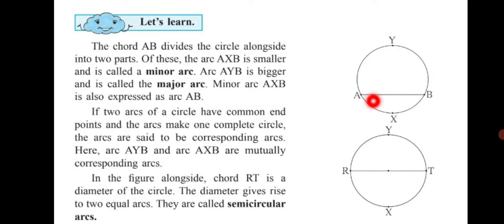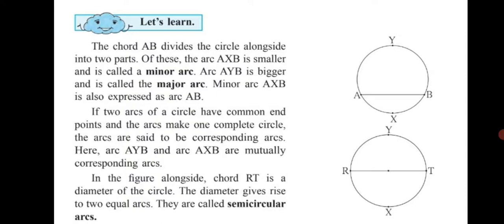Of these, the arc AXB is smaller and is called a minor arc, whereas arc AYB is bigger and is called the major arc. Minor arc AXB is also expressed as arc AB.